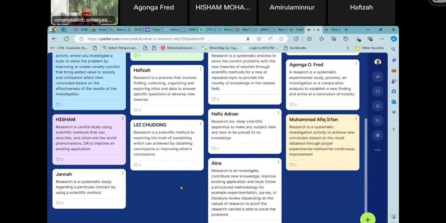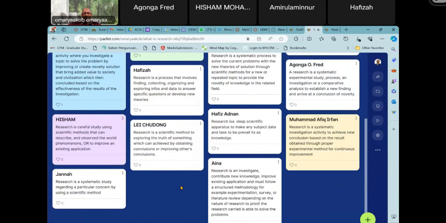Novelty in my definition simply means it must contribute something new, a new establishment in what you are trying to research, in comparison to what has already been researched on that particular subject. So that is how I explain my own definition.